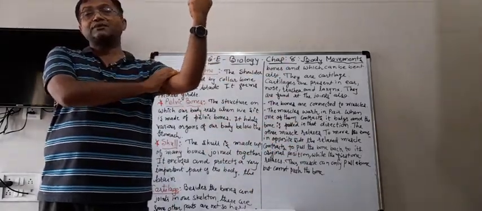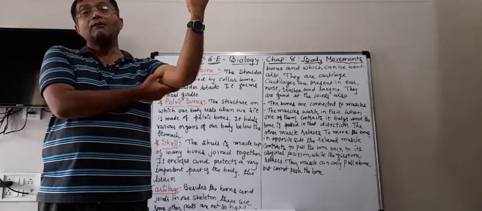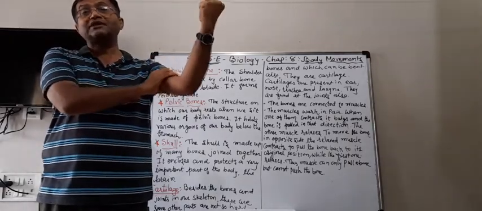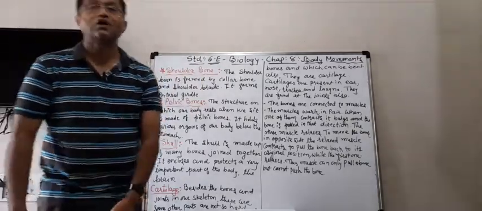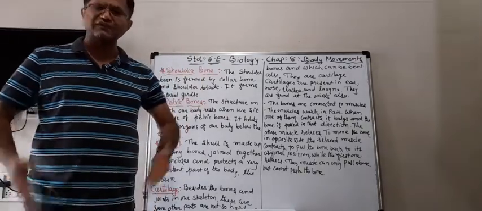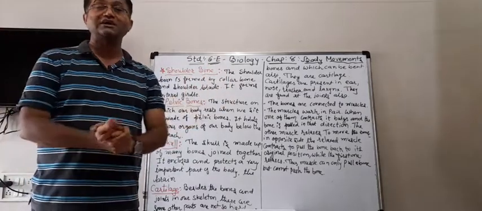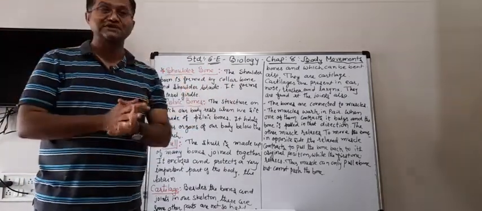That part is between the bone and the skin, and that part is known as the muscle. Similarly, in your legs also there are some muscles. Everywhere in your body where movement is possible, there are muscles.